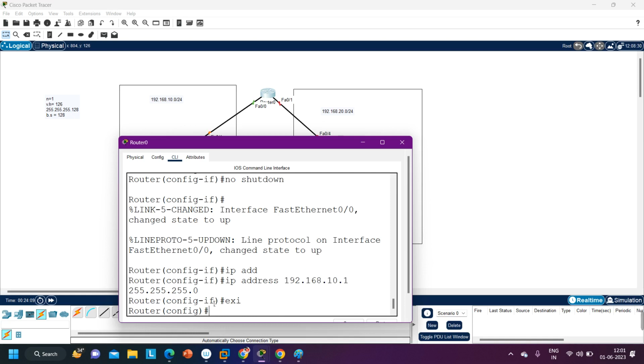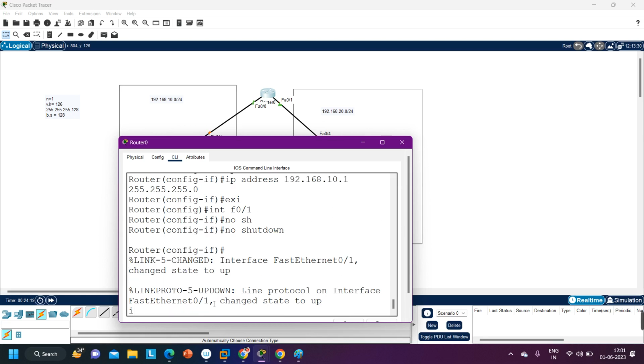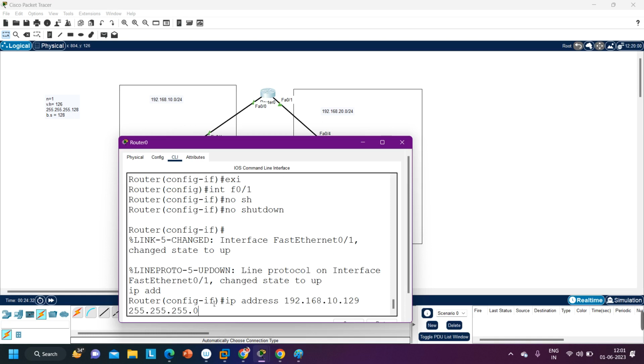Now I configure an IP address from another network on the f0/1 interface: no shut, IP address, next network 192.168.10.128, so my first valid IP address will be 129, with 255.255.255.0.